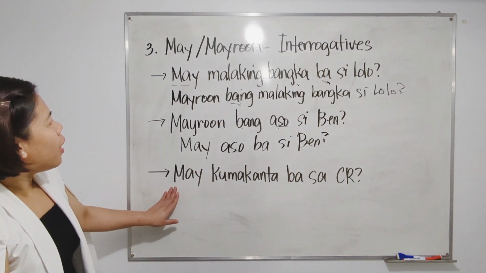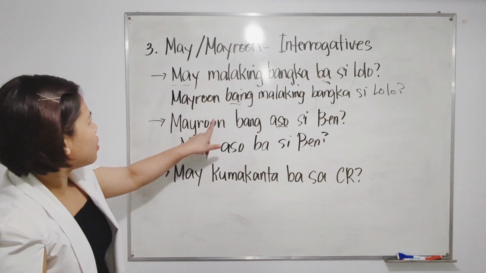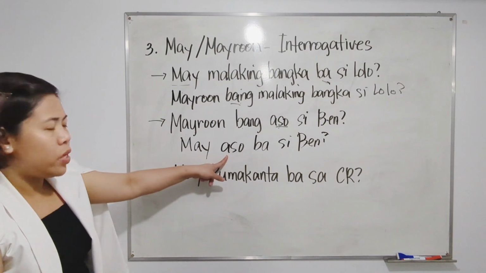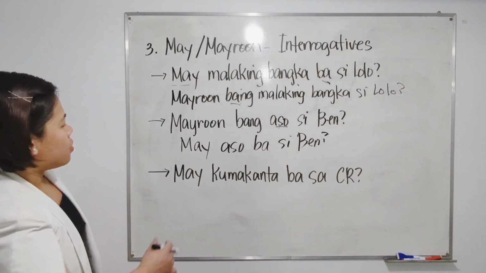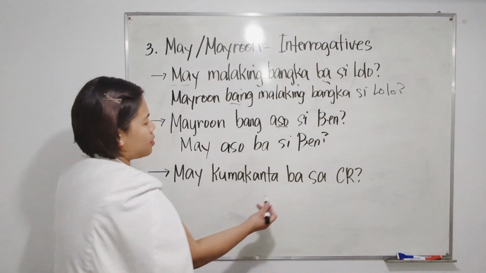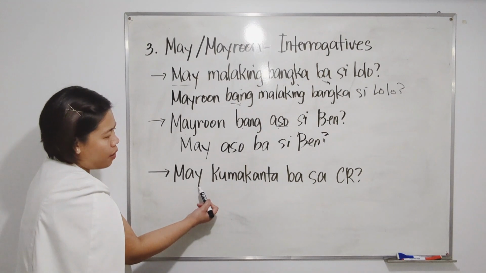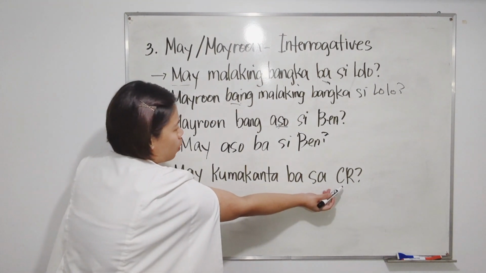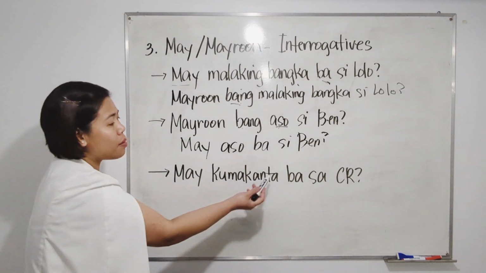Okay, here. So we use adjective here. We use word particle, word particle. We use noun here. How about this one? We use the verb. So, may kumakanta ba sa CR? Do you still remember? Kumakanta is singing. So, is there someone singing in the washroom? May kumakanta ba sa CR?